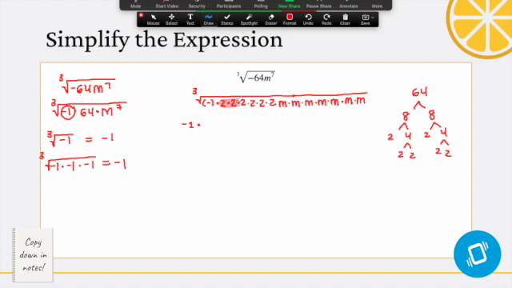So I have a group of 3 of 2's. I have another group of 3 of 2's, another group of 3 of m's, and another group of 3 of m's. So we get here 2 times m times m, and the leftover that is inside is going to be m.